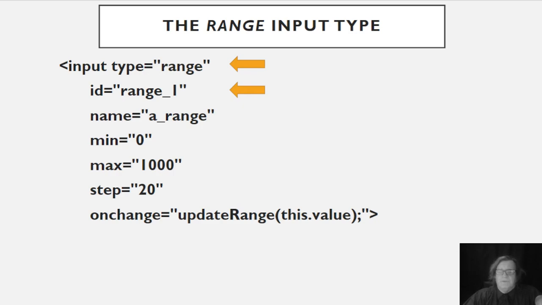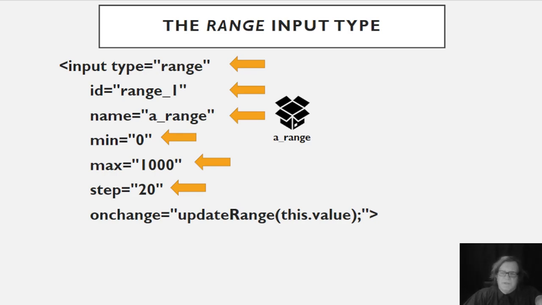The ID is a normal ID; we picked range1. And the name is the actual variable that the value of the control will go into. It starts off at a min value, goes up to a max value, and then steps for each increment of that control.